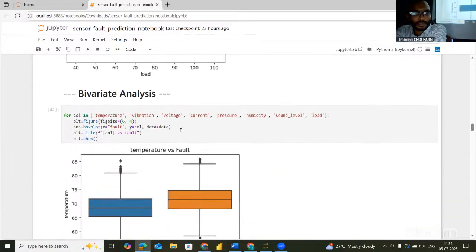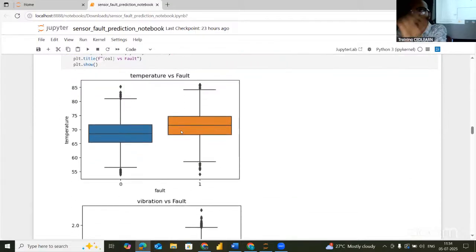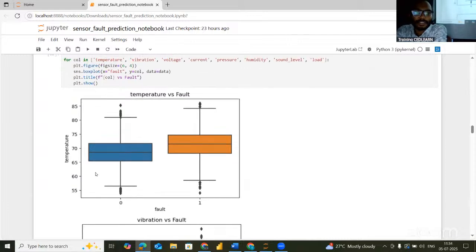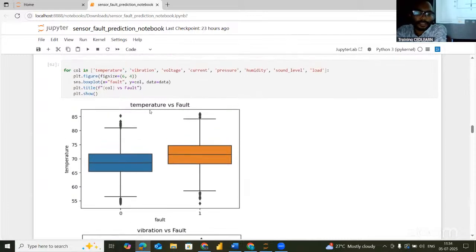So coming to the bivariate analysis, as I mentioned, how a particular feature is affecting the outcome. This is temperature versus fault, like whether the sensor is going to fail or not. If you can see, this is the temperature distribution.